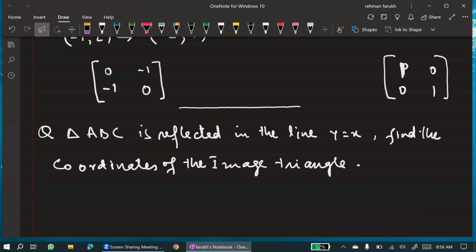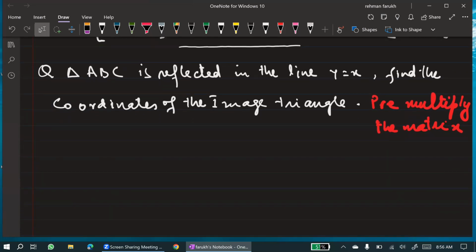Now, always pre-multiply the matrix. In this question, we will use the matrix to find out the image coordinates. The matrix for the reflection in the line y is equal to x is pre-multiplied.